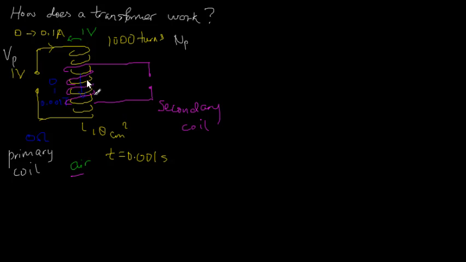Now suppose that the number of turns here is 500. Let's represent this by NS for the number of turns in the secondary coil, and suppose that the voltage output here is VS for secondary.